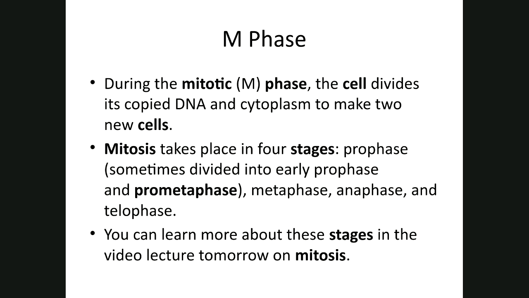It means that mitosis is again divided into these four sub-stages, which we will study in the day after tomorrow's lecture. So we will study the complete mitosis in detail then.